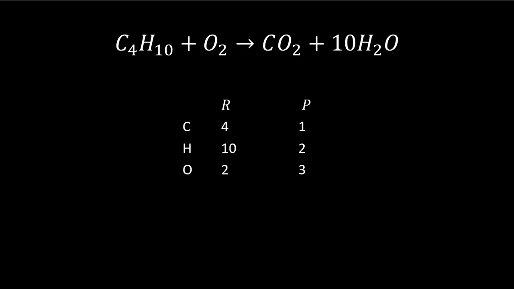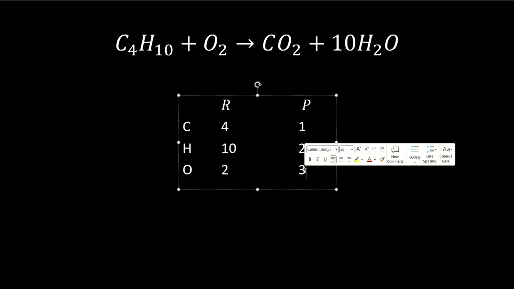Because 6 times 2 would be 12. 7 times 2 hydrogen would be 14. We wouldn't be able to put something on the reactant side to balance with that. But if we just have a coefficient of 10 in front of water, well, 10 times 2 gives us 20 total hydrogen. And currently, 10 times 1 oxygen is 10, plus 2 on the CO2 is 12.